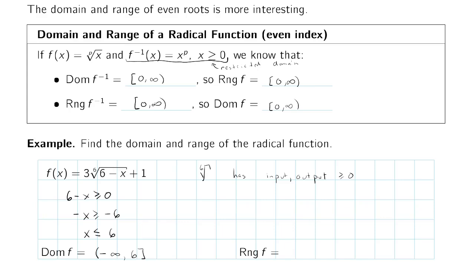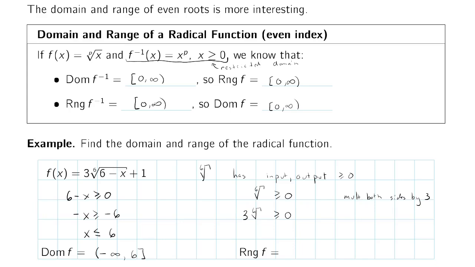We also know that the 6th root has output greater than or equal to 0. So our 6th root here is greater than or equal to 0. What's happening to that in this function? Well, it's being multiplied by 3, so I'm going to multiply both sides by 3. So now I have 3 times the 6th root is greater than or equal to 0.